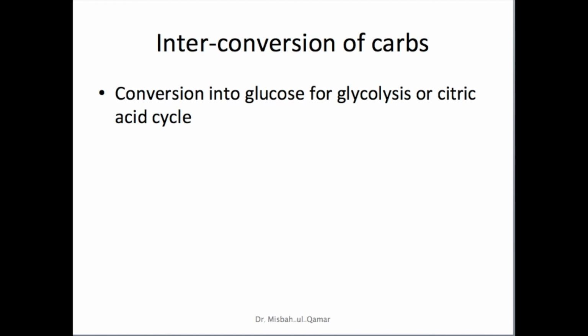Final products of carbohydrate metabolism are glucose, fructose, and galactose. And all cells utilize glucose to produce energy in form of ATP via glycolysis or the citric acid cycle.